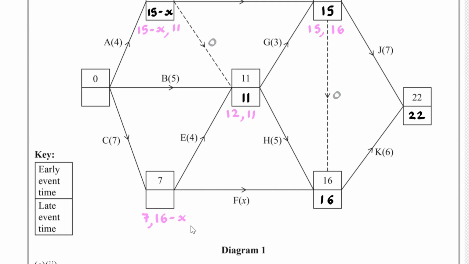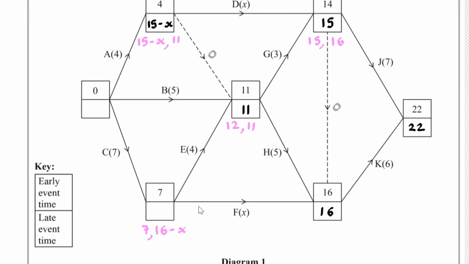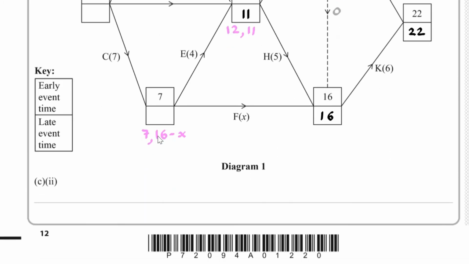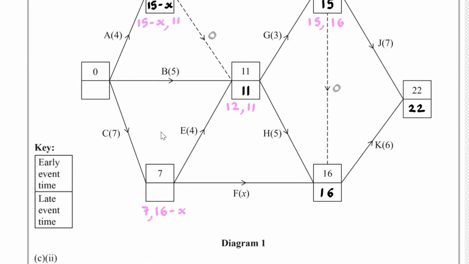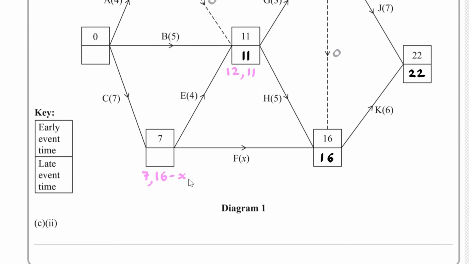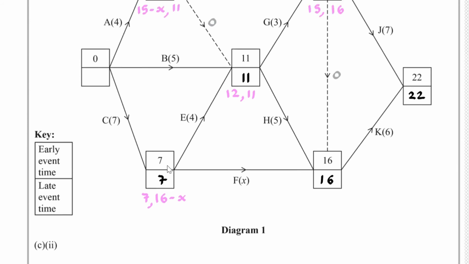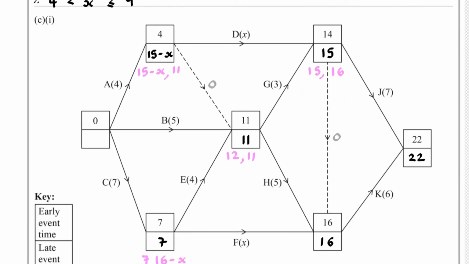Because if I do 16 subtract 9, which is the biggest possible value, I get 7, and anything bigger than 4 but up to and including 9, 16 subtract x is bigger than the 7. So the 7 would go here. And now, working backwards even more, 15 subtract x, subtract another 4 from that, that's 11 minus x.